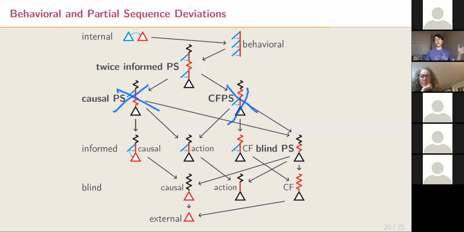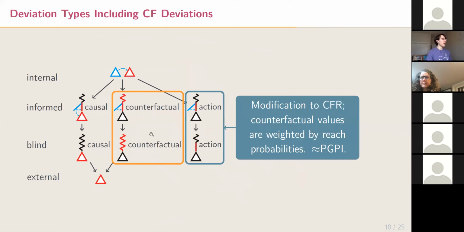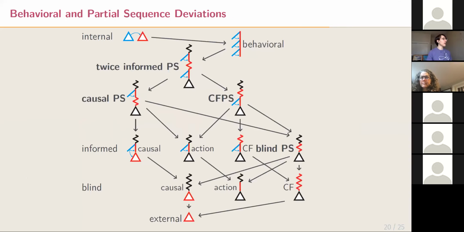I mean, this also goes to the richness of extensive form games, but sorry, go ahead. No, absolutely. You didn't mention causal because partial sequence is maybe as expensive and not having all the benefits. Right, yeah, so within the CFR framework, there's really no way to directly target the informed causal deviations.